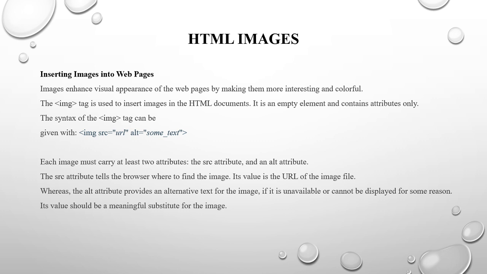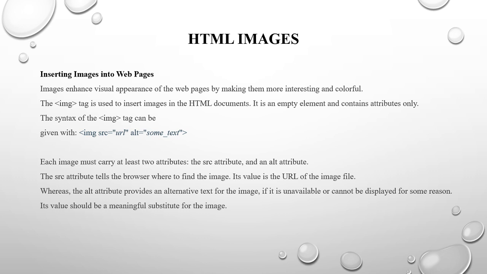Each image must carry at least two attributes, the SRC attribute and the alt attribute, the alternative attribute. The SRC attribute tells the browser where to find the image. Its value is the URL for the image file, whereas the alt attribute provides an alternative text for the image if it is unavailable or cannot be displayed for some reason.